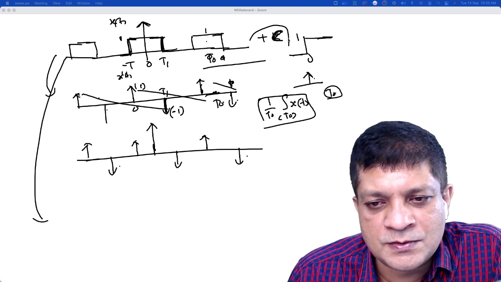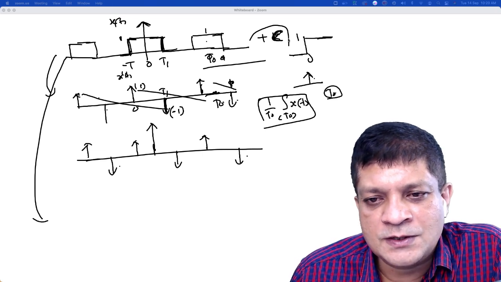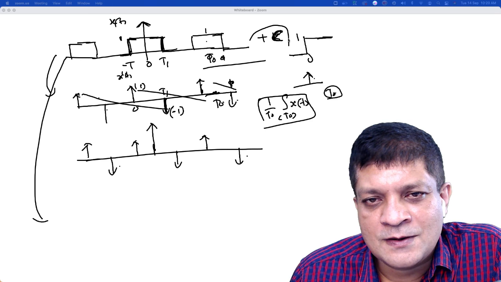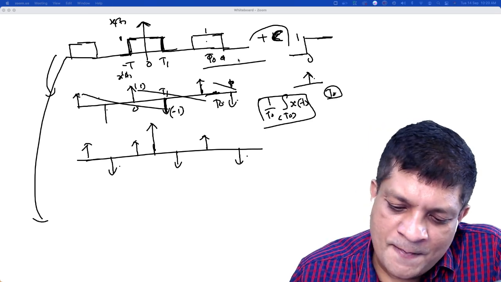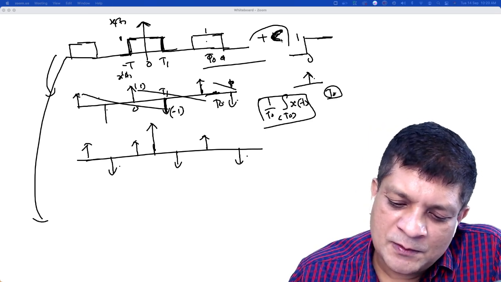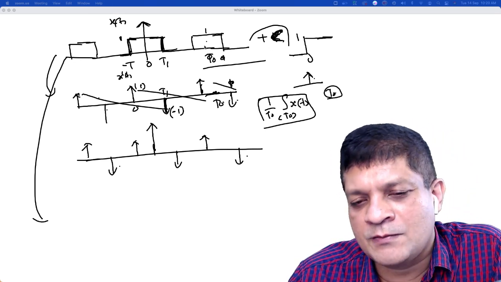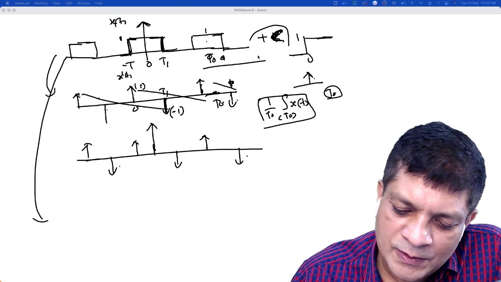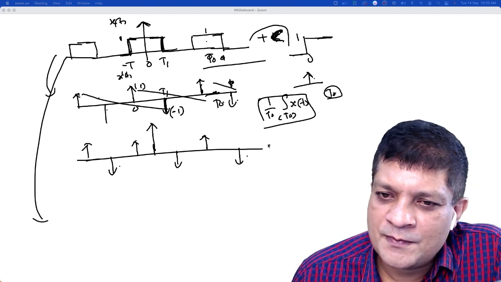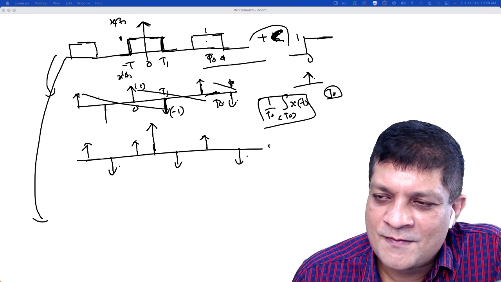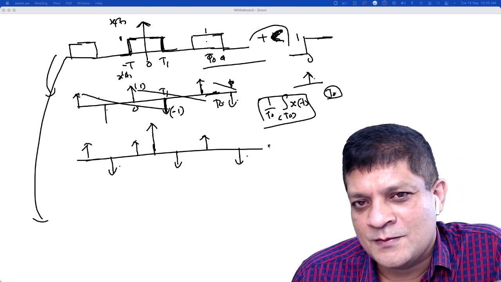That is DC shift. Now, if you add a constant value and differentiate this signal, will you always get this? Yes, we'll always get this.